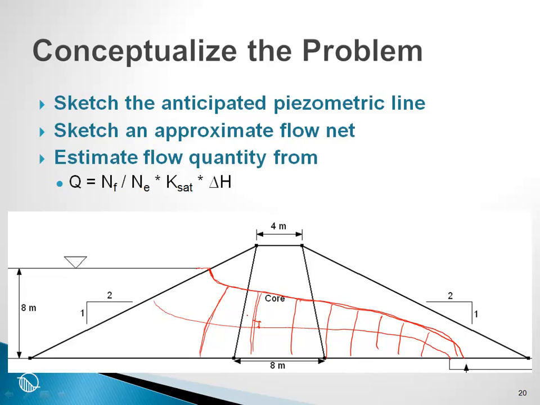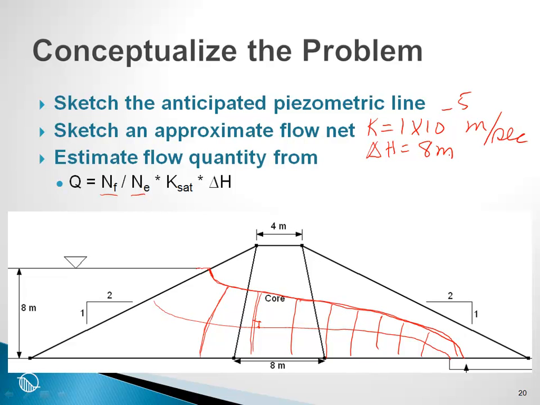And the total amount of flow through this structure I could estimate from this equation, where there's the number of flow lines divided by the number of equipotential drops. Let's say that K is equal to 1 times 10 to the minus 5 meters per second. The total head loss, delta H, is equal to 8 meters.